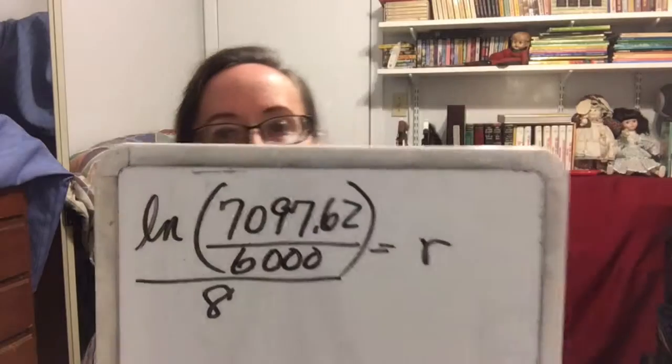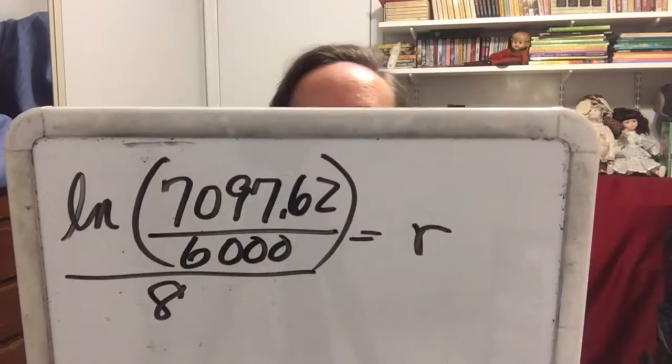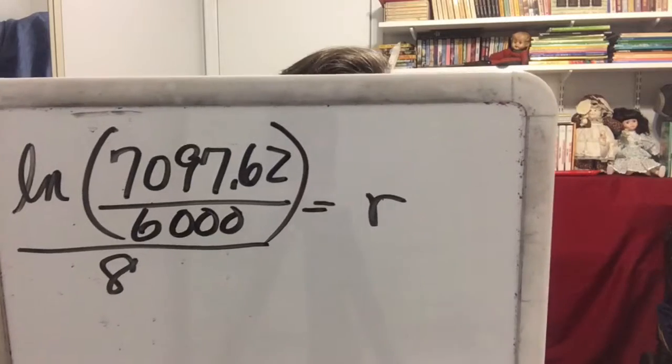Okay, so that is the exact value of r. So now we're going to find the approximate value of r. This is number 5 on the back of your PowerPoint.